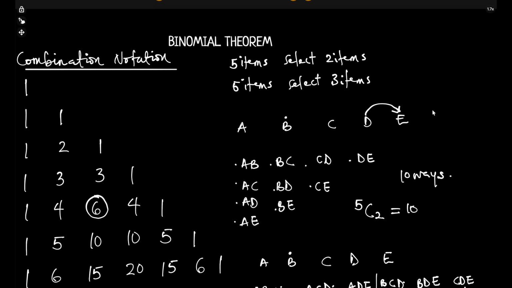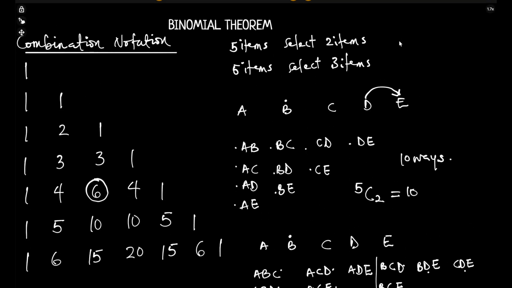So we've been able to establish now that 5 combination 2 is equal to 5 combination 3. Remember the definition that I gave earlier about combination?